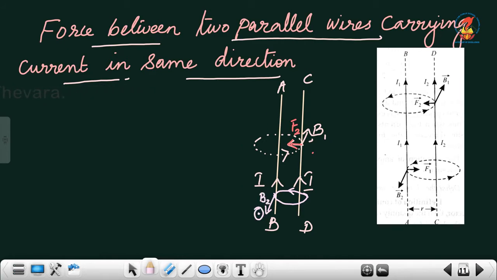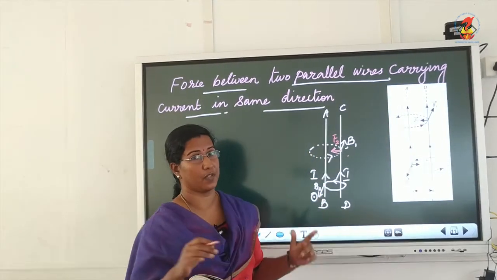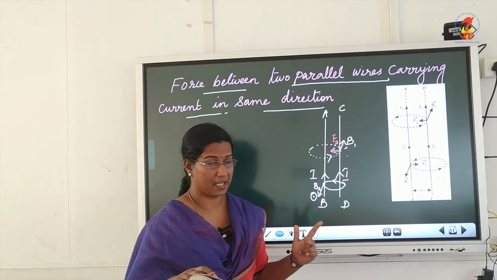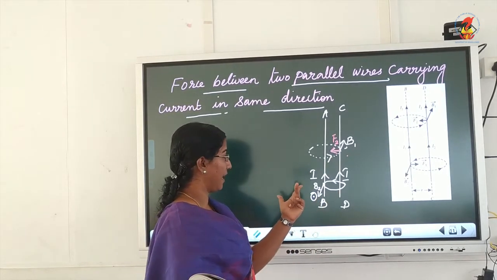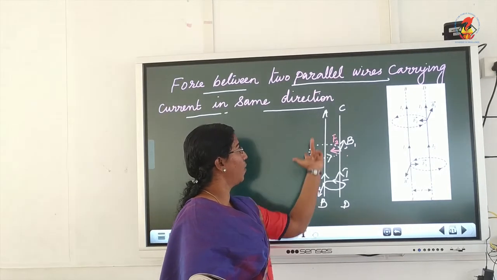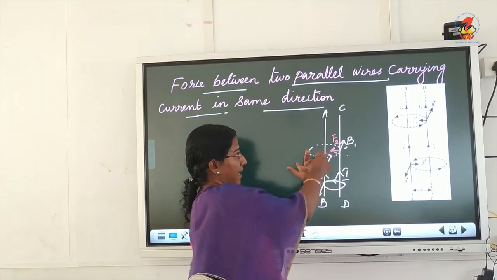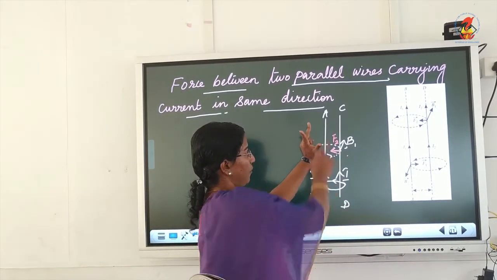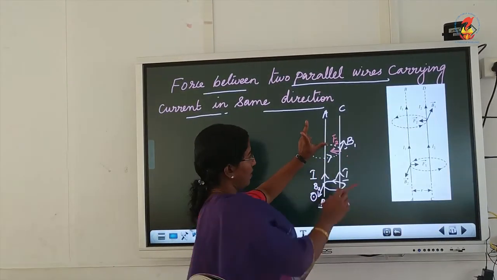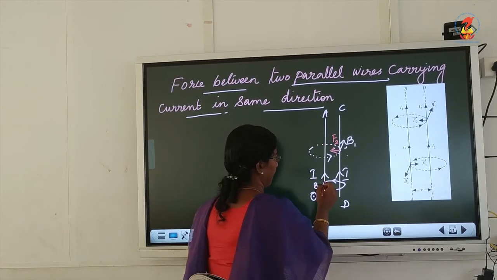To find the direction of force experienced by my conductor AB, I have to use Fleming's left hand rule. Stretch your middle finger, forefinger and thumb in mutually perpendicular directions. In this case, current is going upward, but my field is coming out of the board, towards me. So what is the direction of my force? The force is towards the conductor CD.